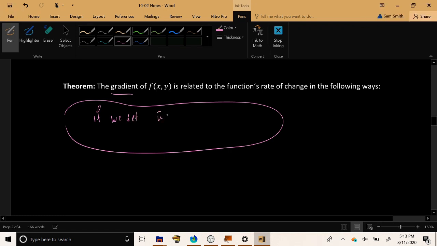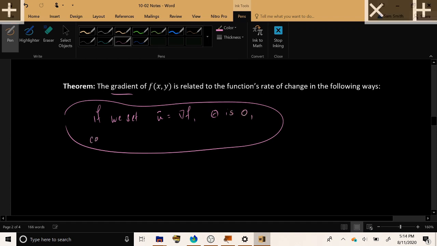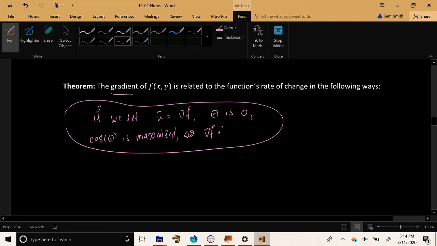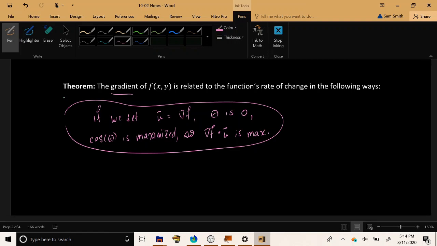If we set u equal to the gradient of f, then the angle between these two vectors is 0, so the cosine of the angle between them is maximized, so the dot product is maximized. So if you want your rate of change to be as fast as you possibly can, of all the possible directions of movement, you want to increase f as fast as possible. Move in the direction of the gradient. That's our first point.